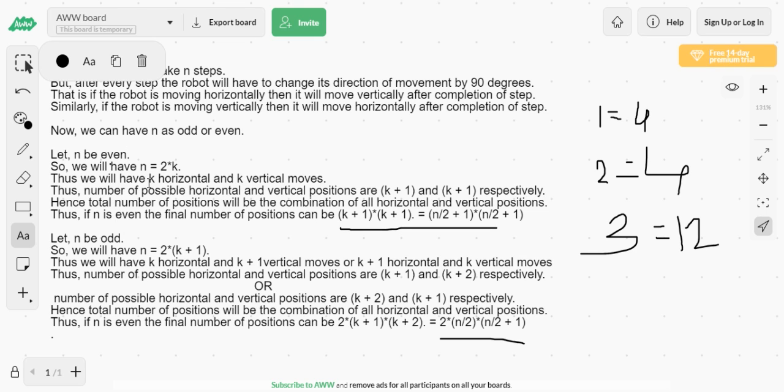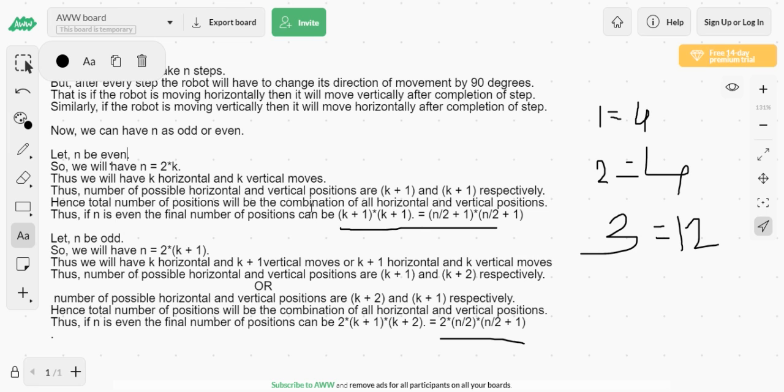After k horizontal moves or k vertical moves, it can have k plus 1 different positions, keeping only one dimension in mind.